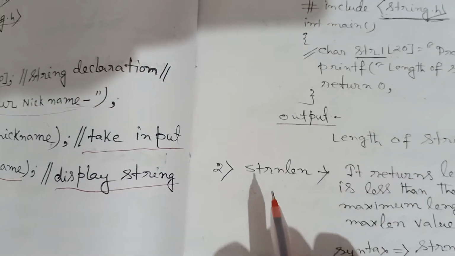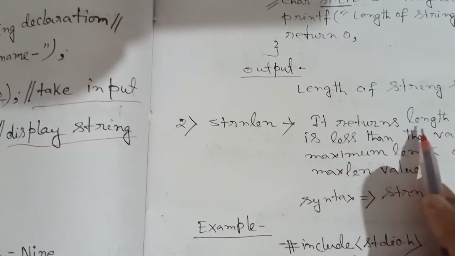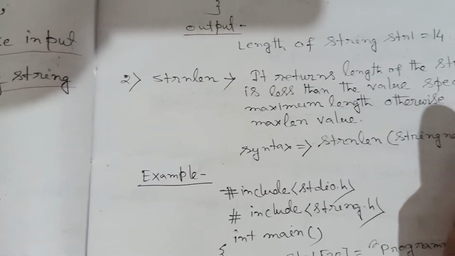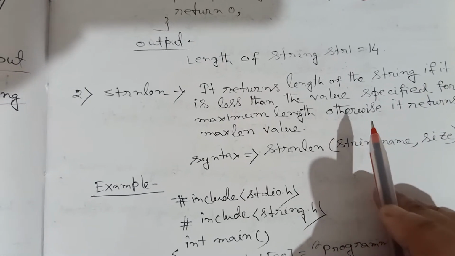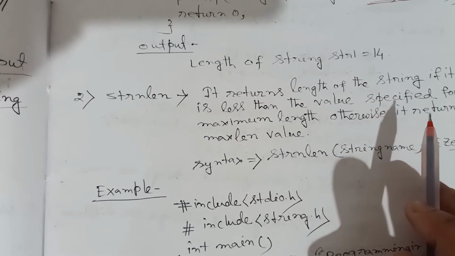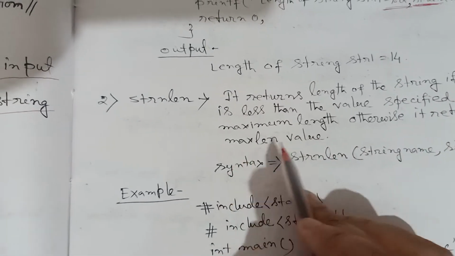It returns the length of the string if it is less than the value specified for maximum length, otherwise it returns the maximum value.